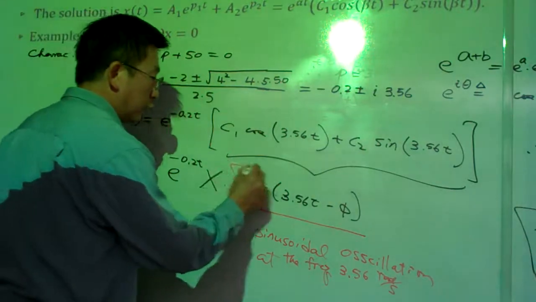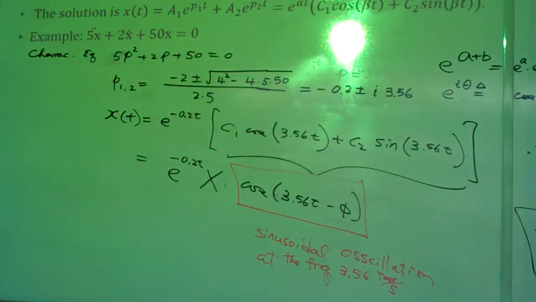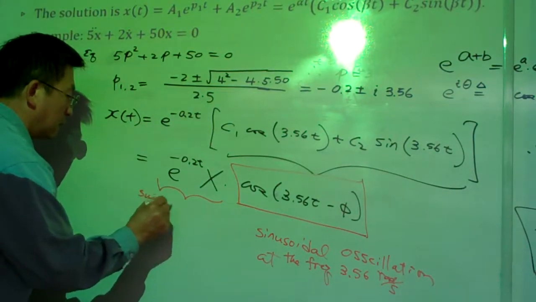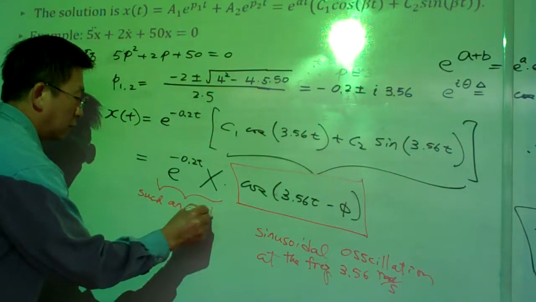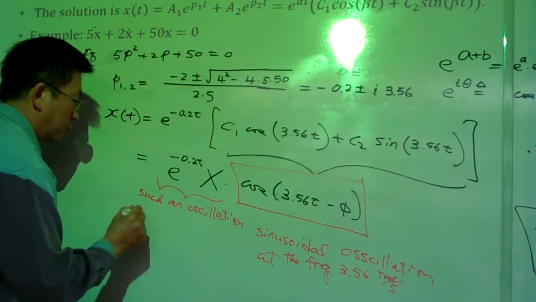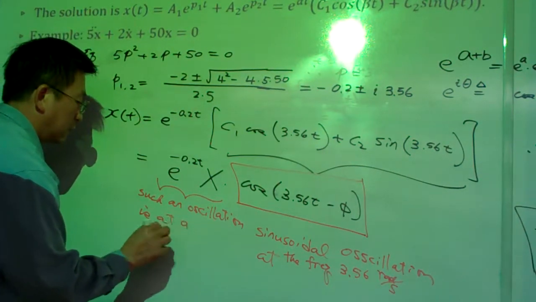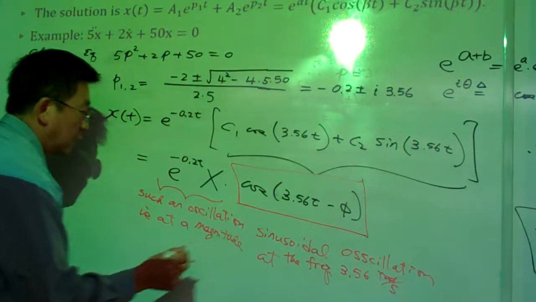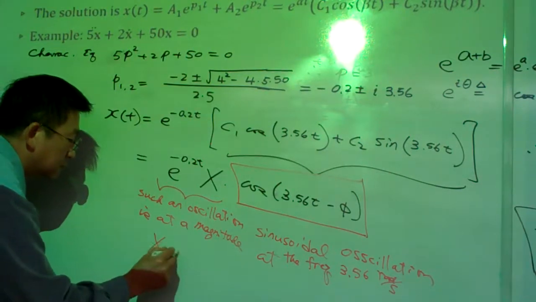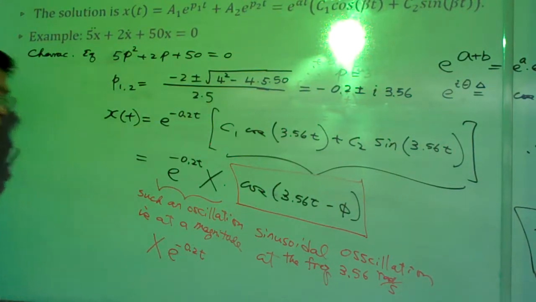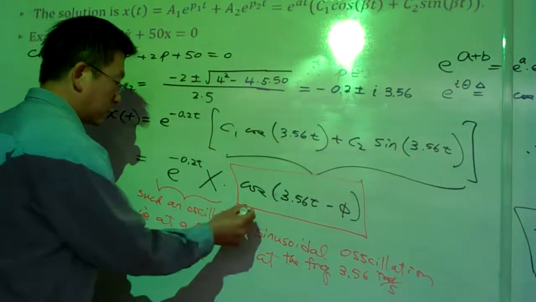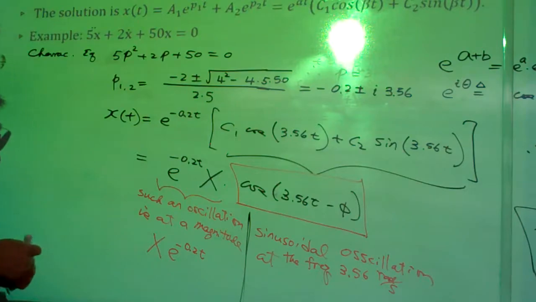Right now I'm giving you the physical explanation, and such oscillations are at a magnitude that is equal to this. So we have oscillations with two different portions: we have oscillations and we have an amplitude, and we can try to draw it.